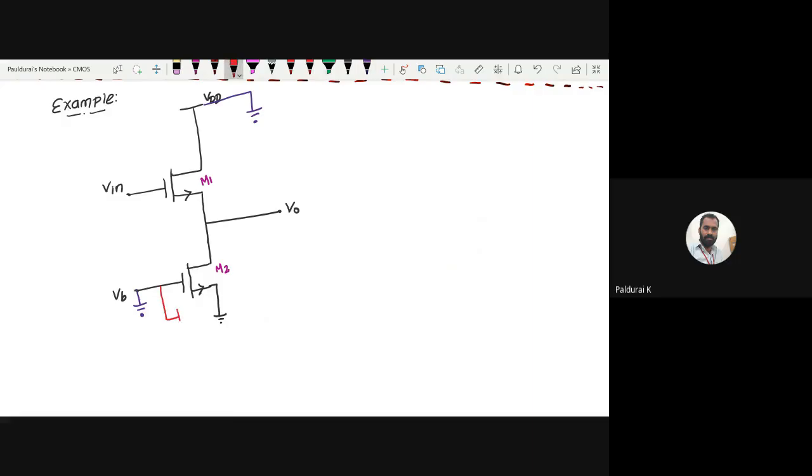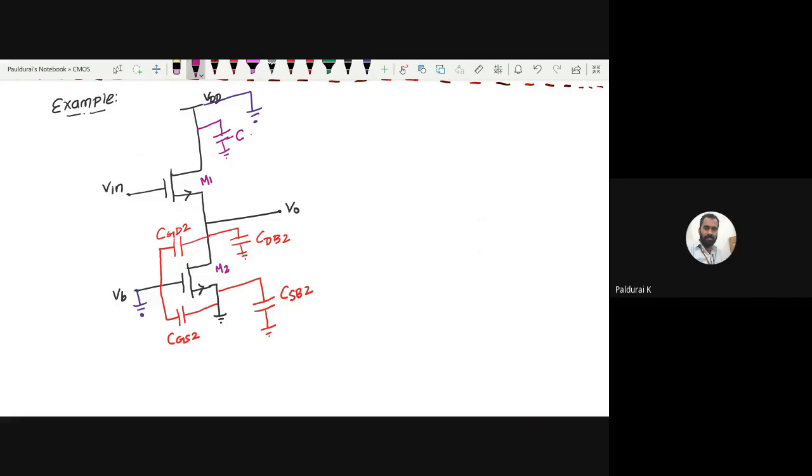This is my gate 1, gate 2, source 2, bulk 2, drain 2 bulk 2, gate 2 drain 2, capacitance.